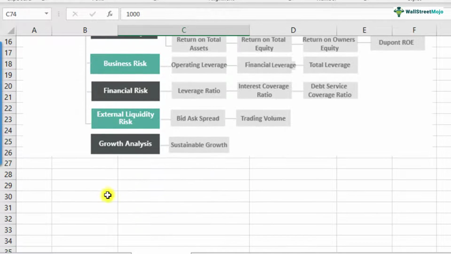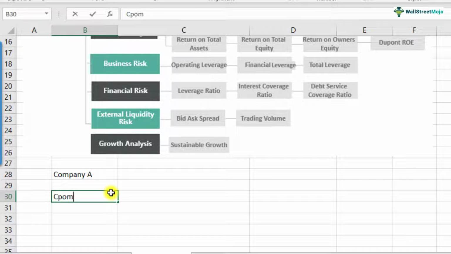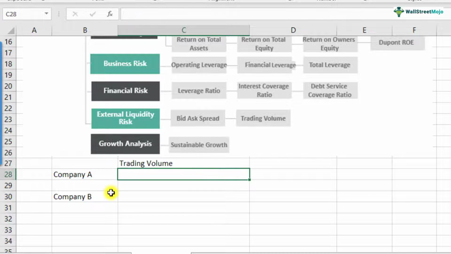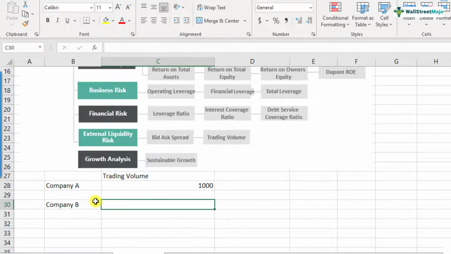So let's take an example and then you will understand what this actually means. Let's say there's a company A and company B. The daily trading volume for company A is 1000 and for company B, let's assume it is 1 million.